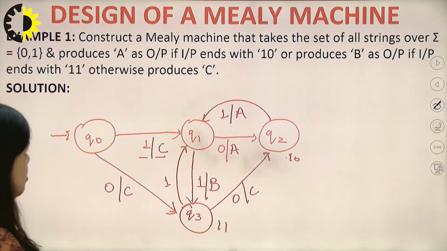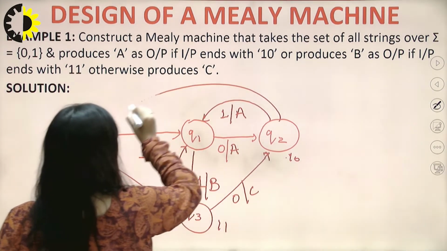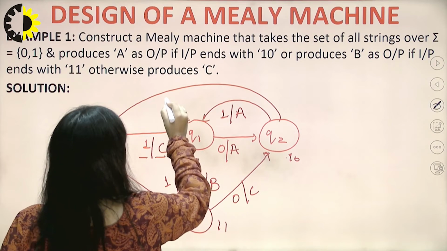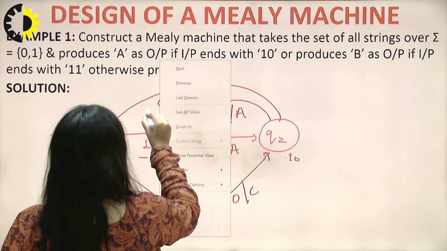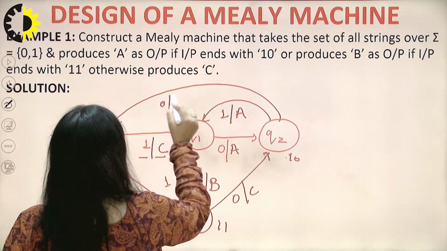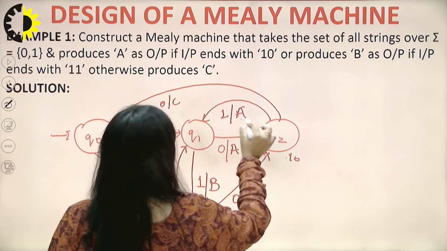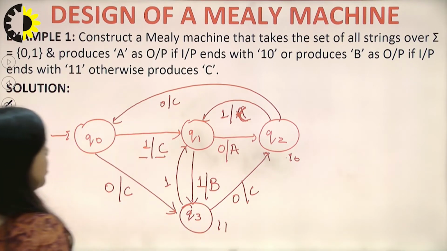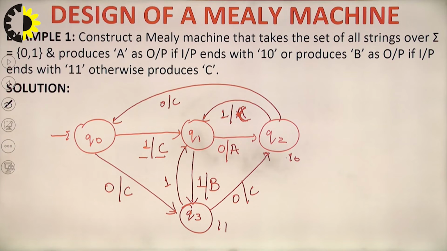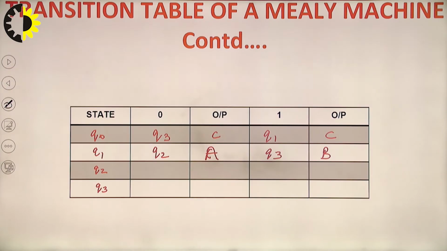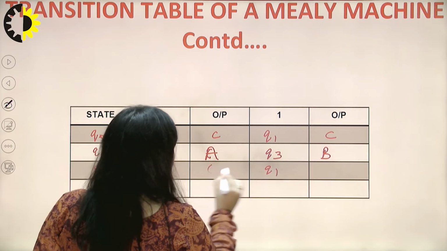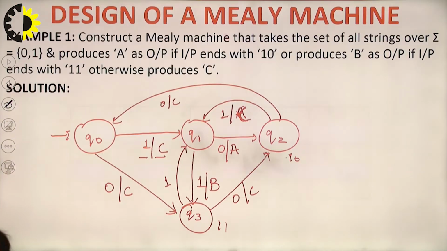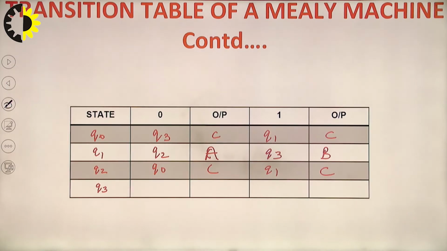As per the question, it returns A for input 1, and for 0 it will be C. Again we'll write both outputs as C. With 0 it's Q0 and with 1 it's Q1. Then finally Q3.